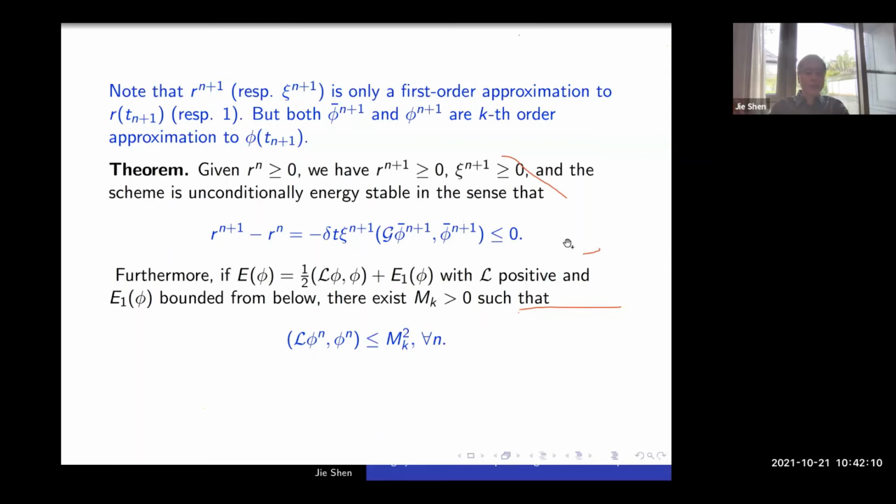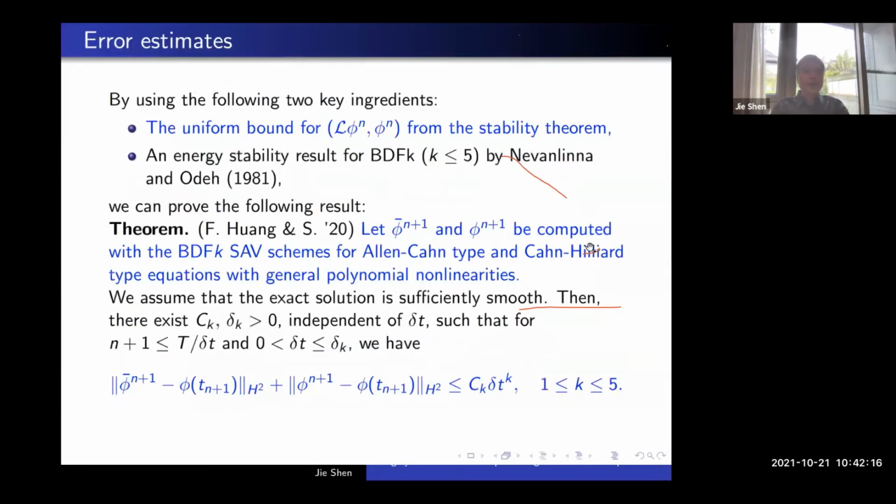So now this is a high order and uniformly bounded scheme. We can also derive error estimates, but the error estimates are restricted to order k less than or equal to 5.